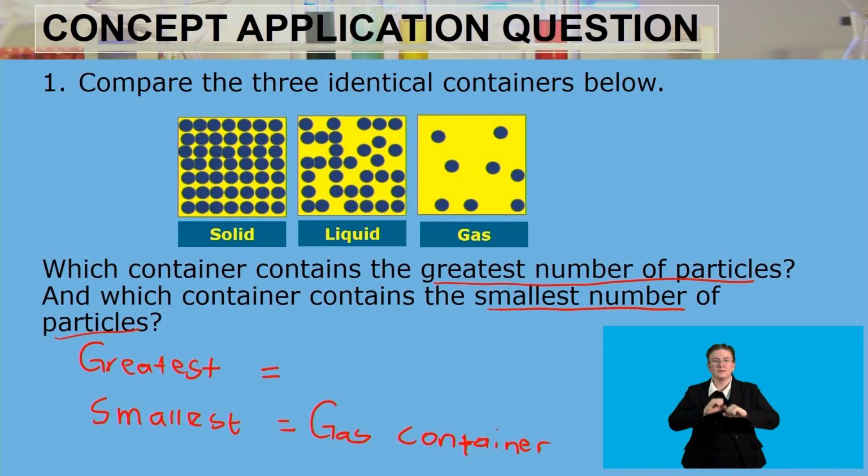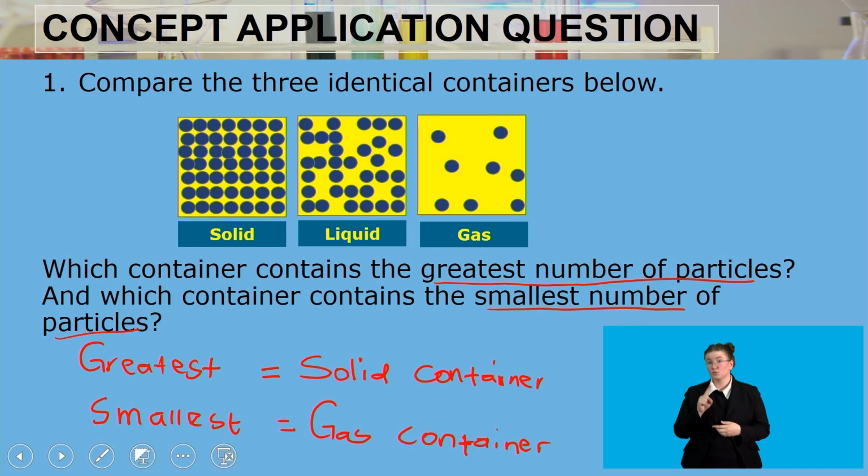By that, it would mean that the solid container would contain more particles as compared to the liquid, because there are spaces between the particles in a liquid, which means there are going to be fewer particles as compared to the solids. So the container that contains the greatest number of particles would be the solid container.